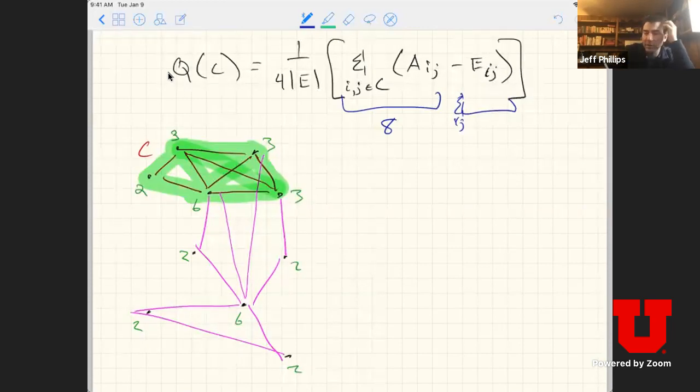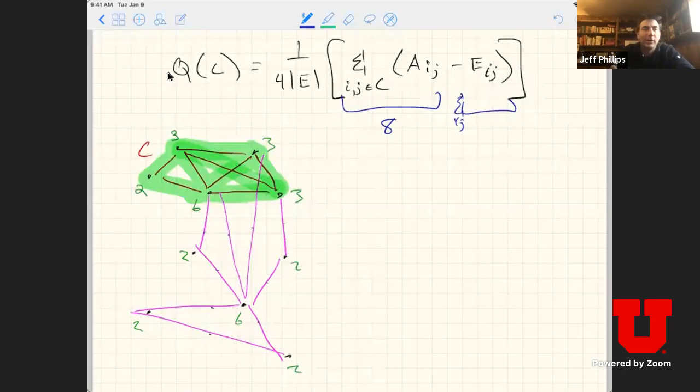Now let's figure out what the expected number of edges is. This is a little bit tricky. The total number of edges in the graph is going to be 8, 9, 10, 11, 12, 13, 14, 15, 16, 17.